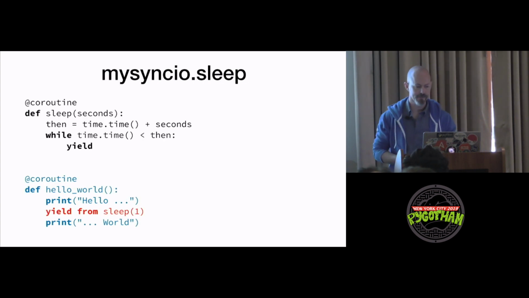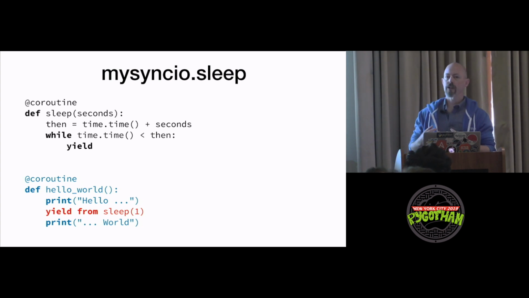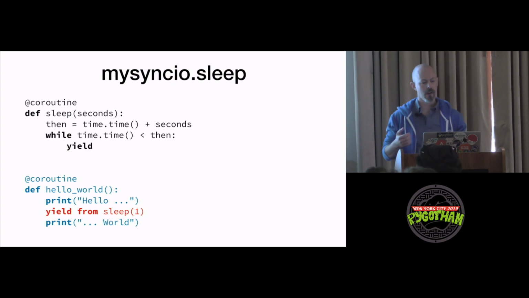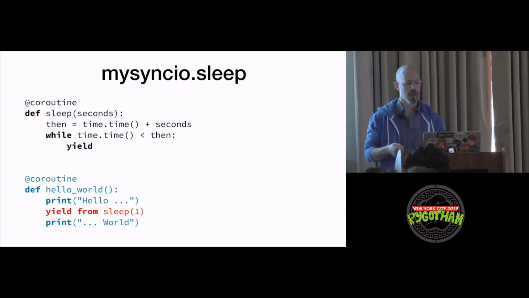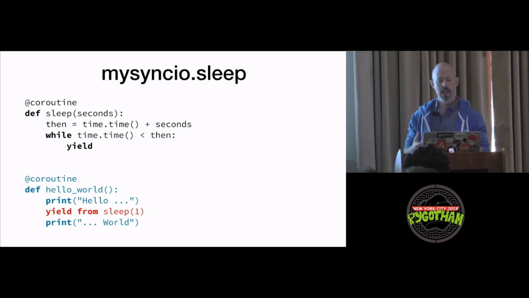So it makes the code look a little bit more normal. And here's an example. So here's how you could implement sleep in MySync IO. So this isn't quite the same as the way Async IO does it, because Async IO has some extra features, but it's a nice illustration of how yielding is a blocking move. So in this sleep coroutine, it takes the number of seconds you want to sleep for.